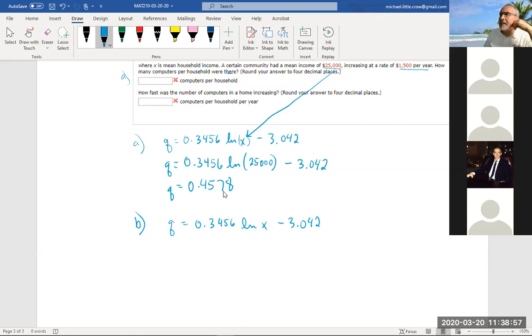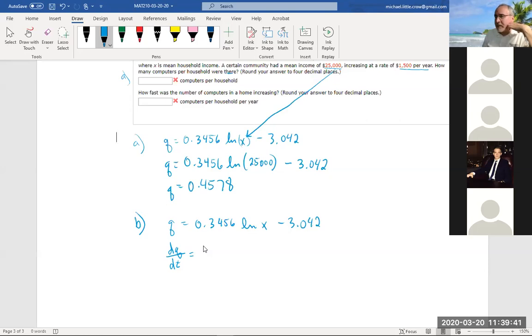So the derivative of Q is dq, and this is all changing per year over time. It's dq dt, because it's changing over time, right? Computers don't magically change, they change over time.